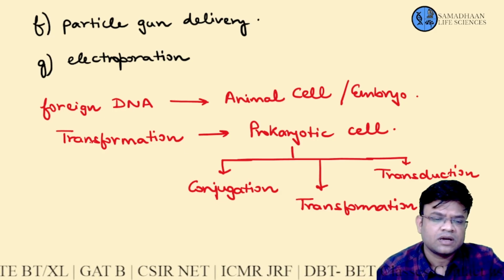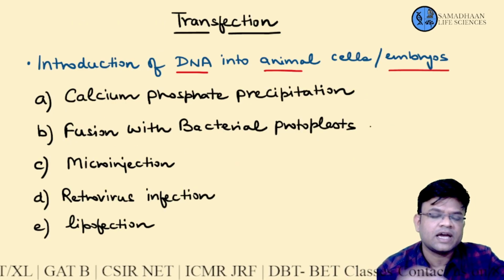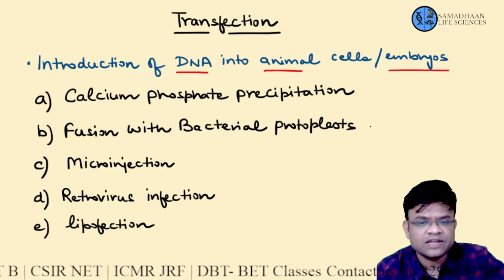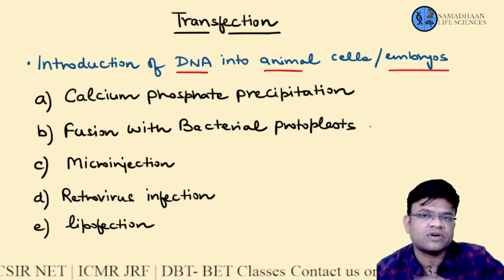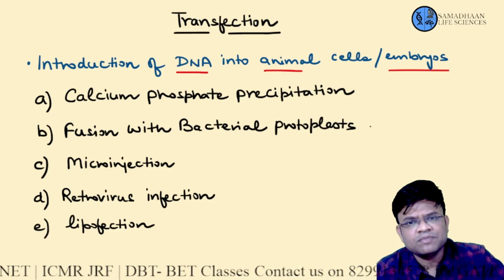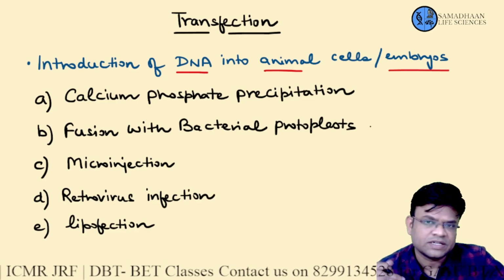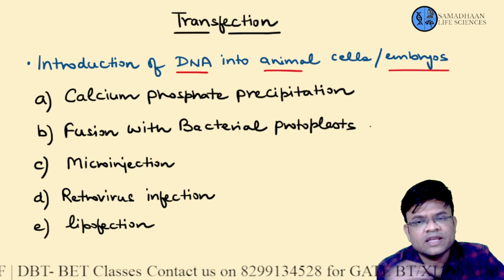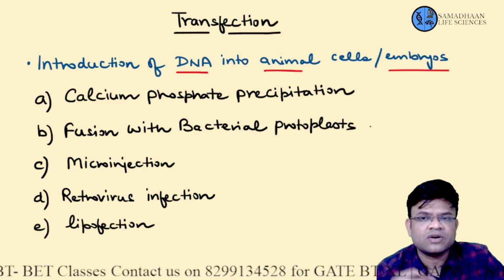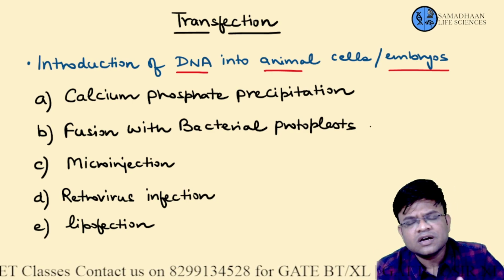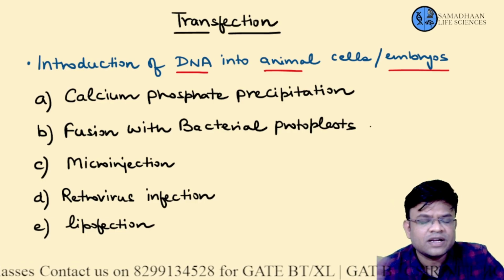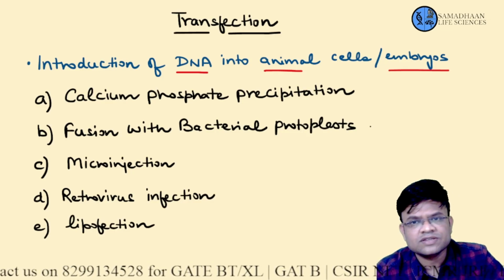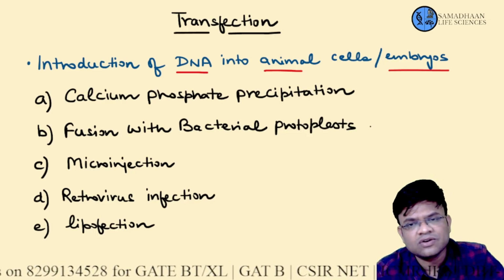Coming back to transfection, since I have introduced the topic, it is the transfer of a DNA fragment into animal cells or embryos. Now this can be done through various methods. Firstly, why would you want to transfer your DNA fragment inside an animal cell or an embryo? The chief advantage of doing so is that you want to create a genetically modified organism, a transgenic organism.